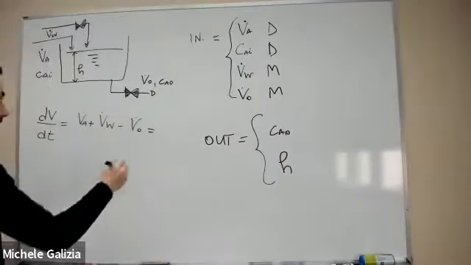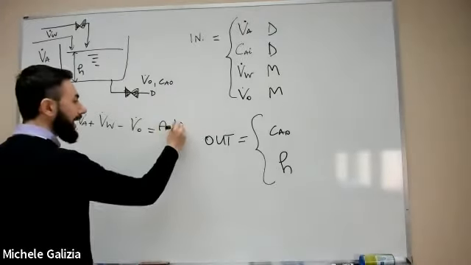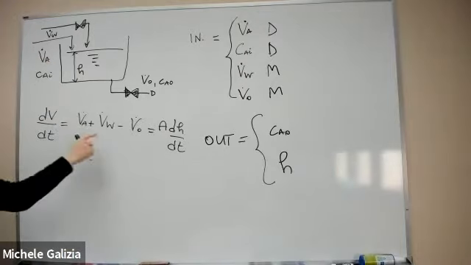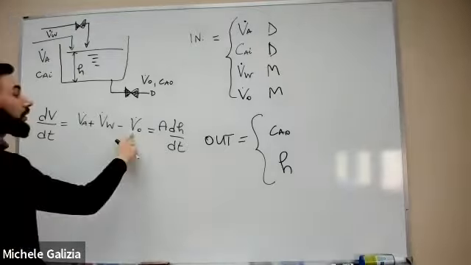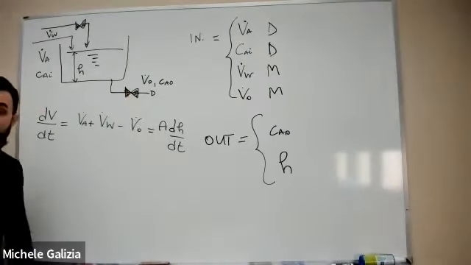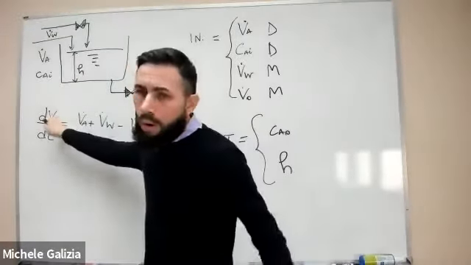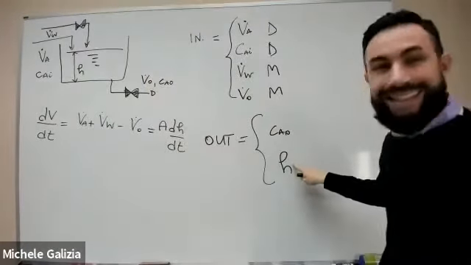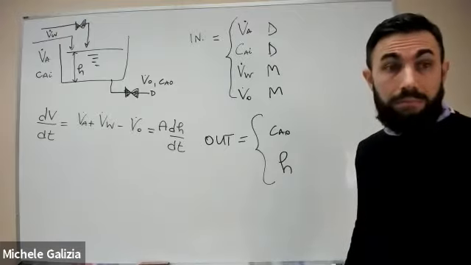So if you are happier, you can write this as A, the cross-section area, times dH/dt. So you know V̇A is an input, you know V̇W is an input, you know V̇O because it is an input. There is a valve, it is a manipulated variable. And so from this equation, you get V, or alternatively, if you know the cross-section area, you get H, that indeed is one of the outputs. Make sense for everyone? Yes.